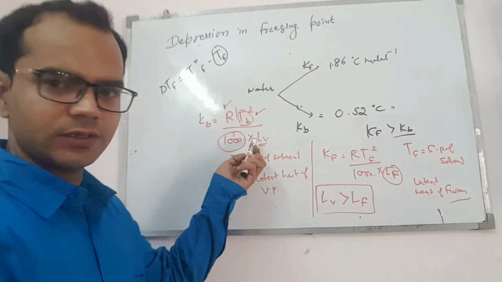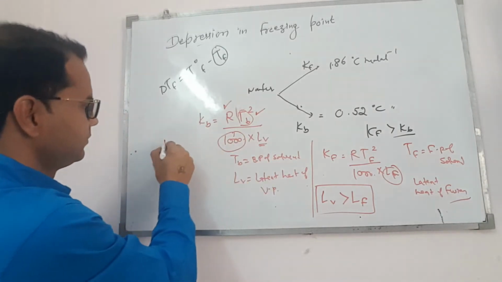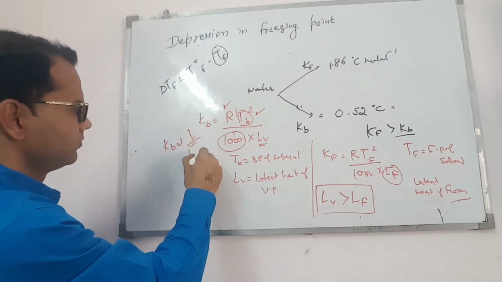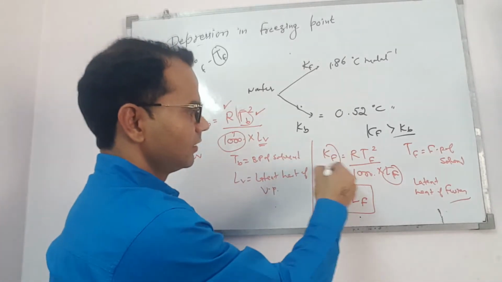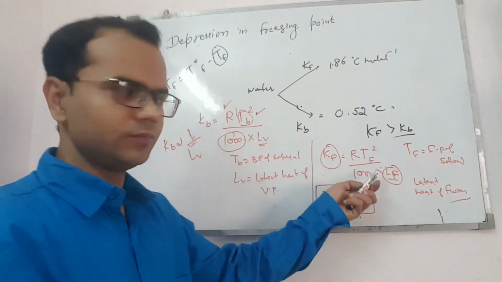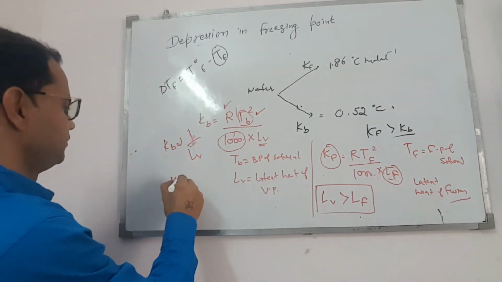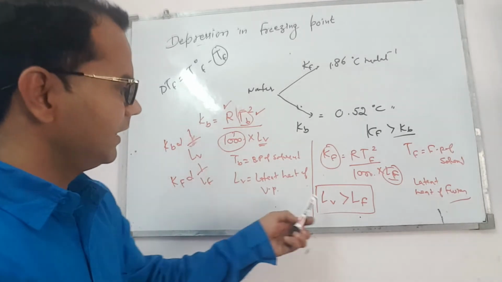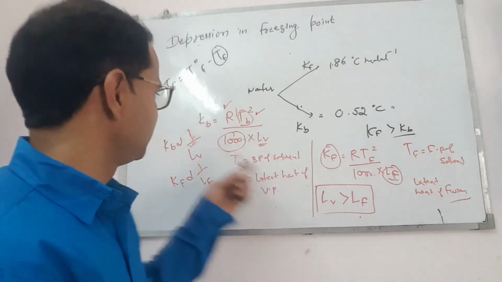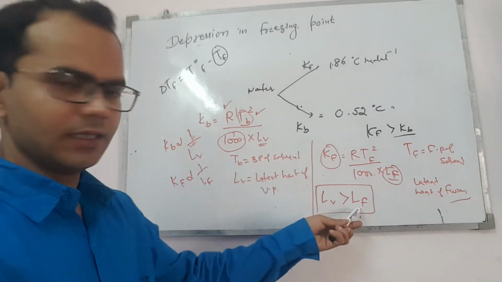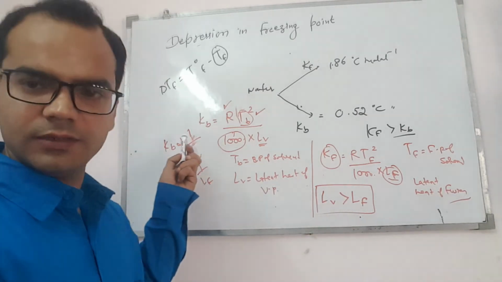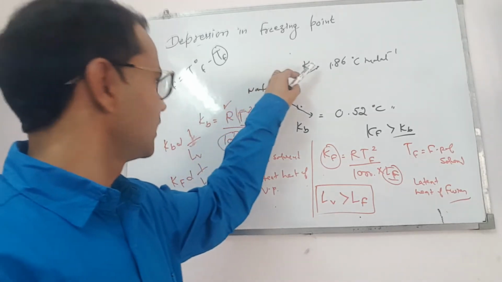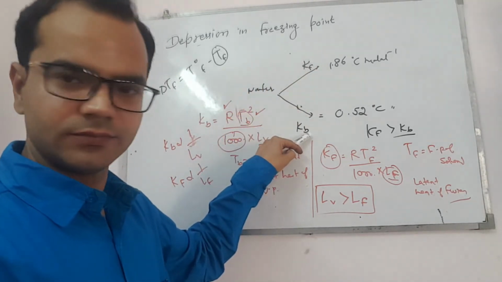Kb is inversely proportional to LV. Similarly, Kf is also inversely proportional to LF. If LV is greater than LF, then value of Kb will be lower. So this is the conclusion why Kf is higher than that of Kb.